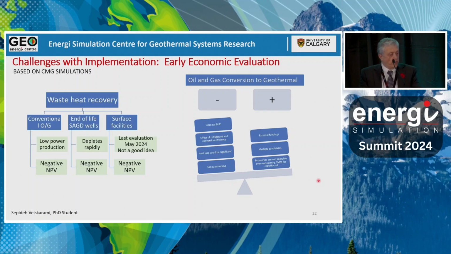And one of the other things that we said we were going to do is look at surface facilities and do the same thing, and looking at conventional oil and gas wells and doing the same thing. So despite the fact that in the conventional oil and gas, there are companies actually now in Canada that are doing this commercially, the simulation shows negative NPV.